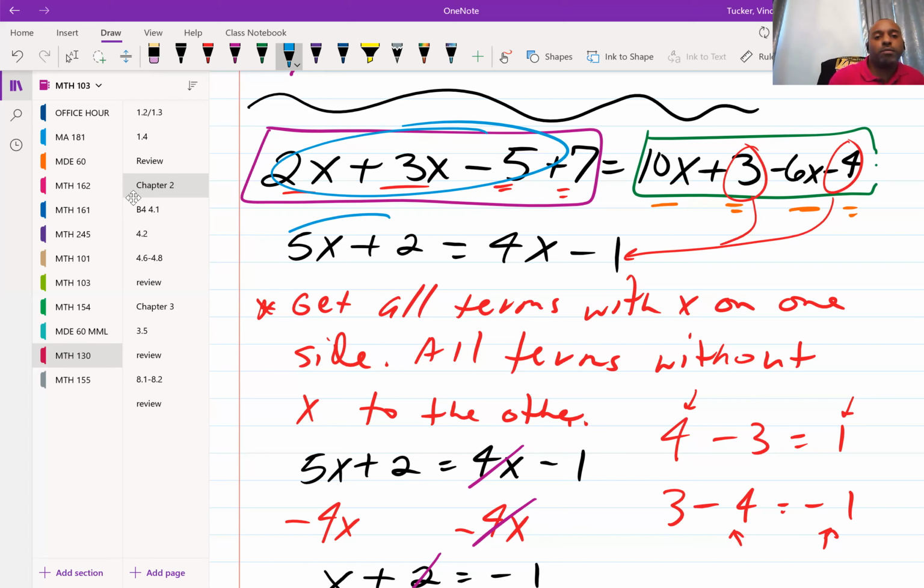So that's why I have 5x plus 2. And then over here, 10x minus 6x is 4x. And then positive 3 and a negative 4 gives you a negative 1. So 4x minus 1.